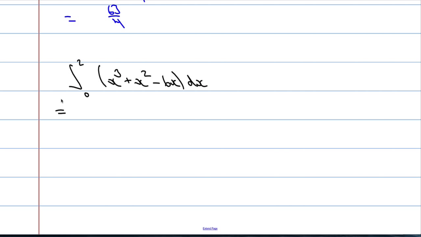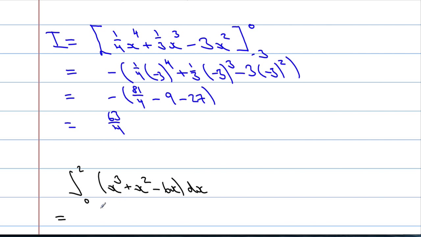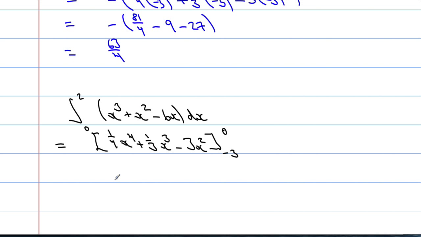which is actually going to be the same as what we've done before. We have all of this. We don't need to write that down again. It's going to equal 1/4 x to the 4 plus 1 over 3 x cubed minus 3x squared, and we need to evaluate this between negative 3 and 0.